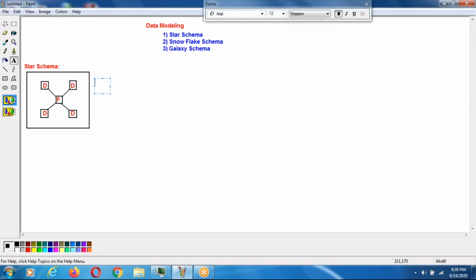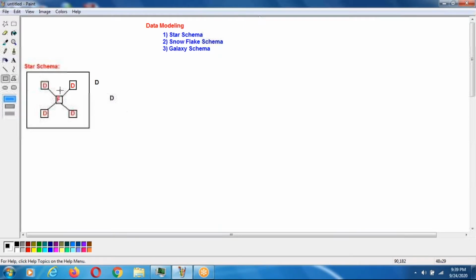What does that mean? For example, you're having a set of dimension tables. In general, when you say tables, there is a possibility that you can have relationships between them, isn't it?